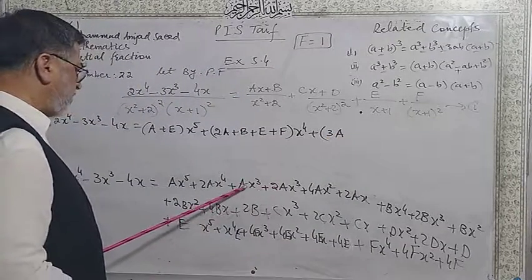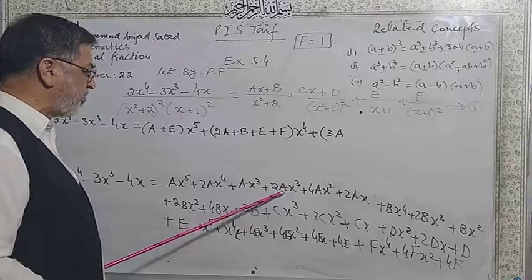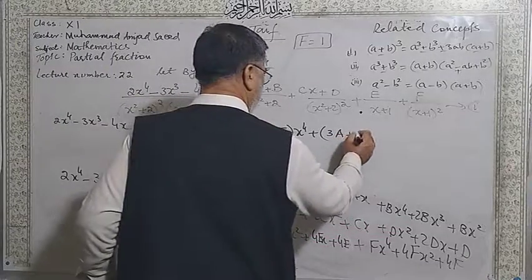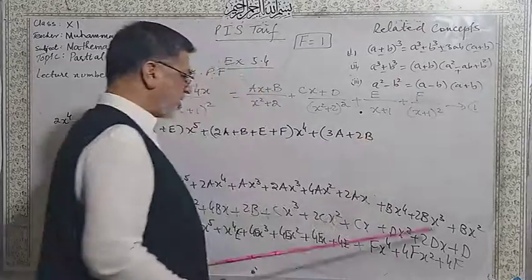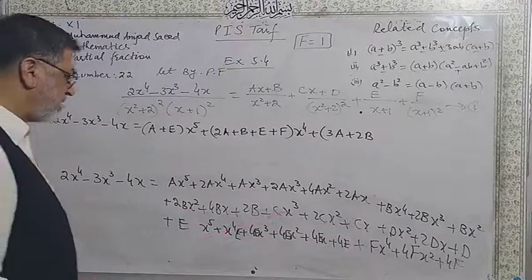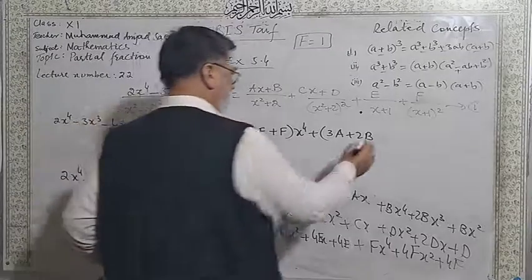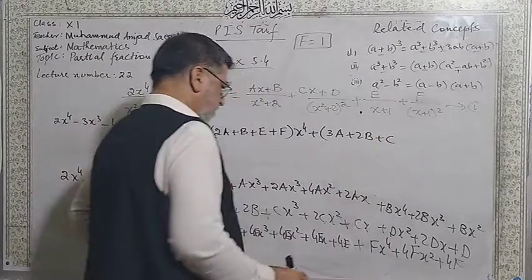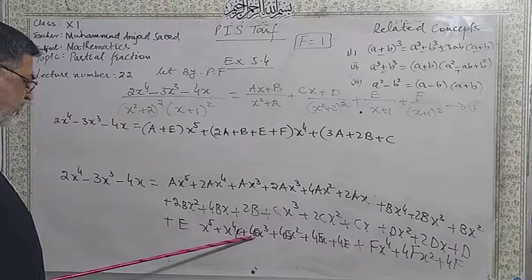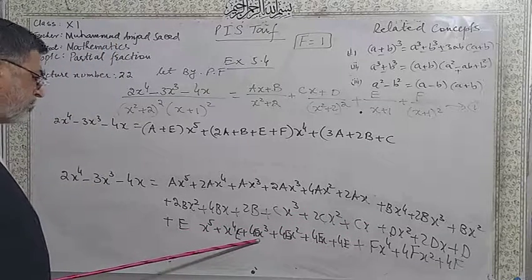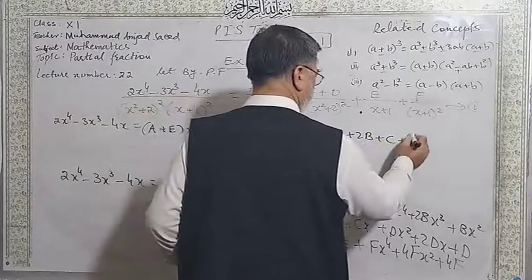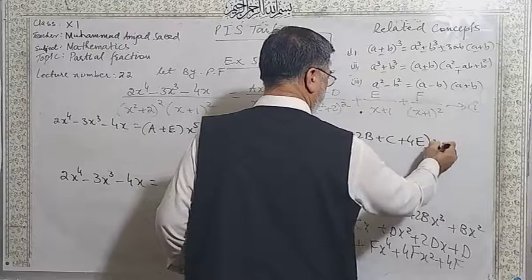Then plus 2b, this is 2bx cube. Then plus c, and we are finding x cube, plus 4e into x cube.